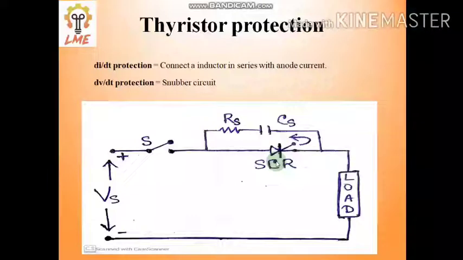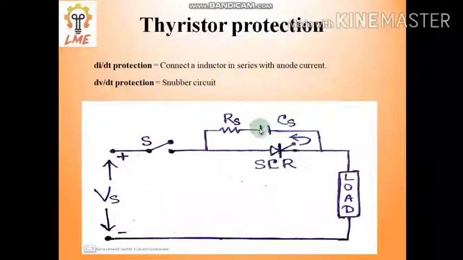So how can we protect this? Here we are using a capacitor. At the time of starting, the capacitor is in fully discharged condition, there is no charge inside it. So the capacitor initially has how much charge? Zero. So when this switch is closed, what will happen?